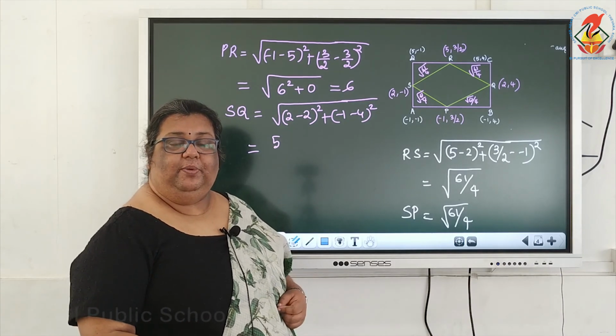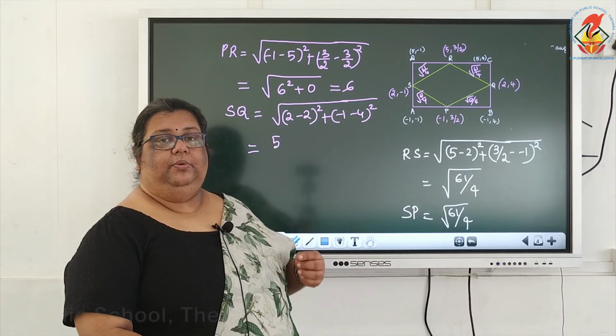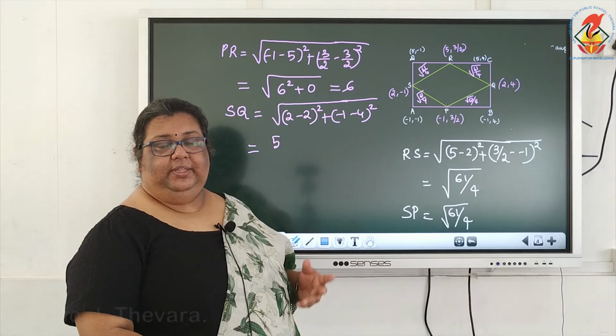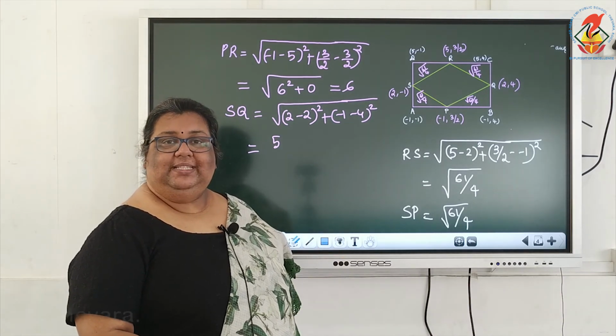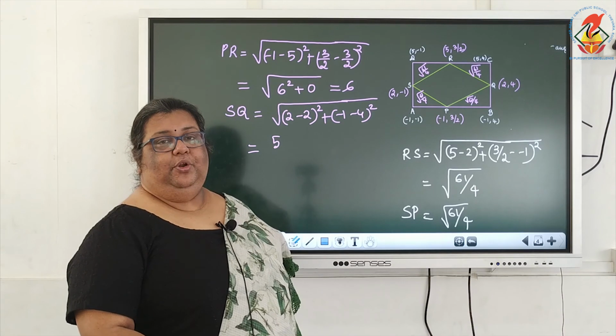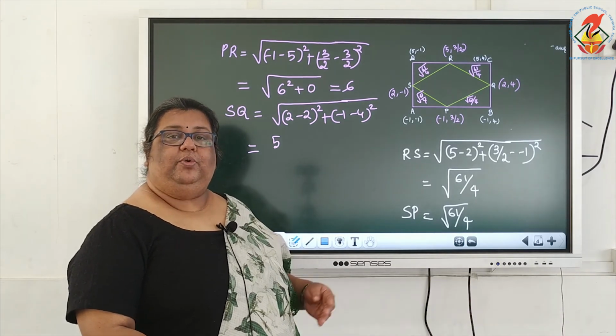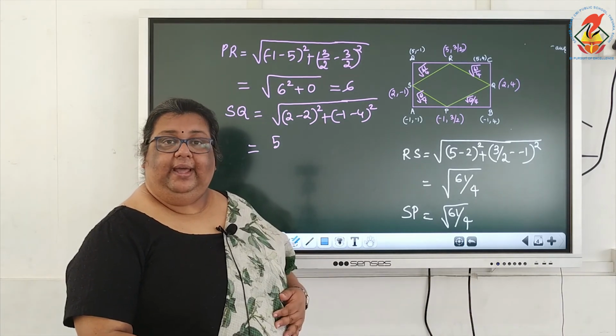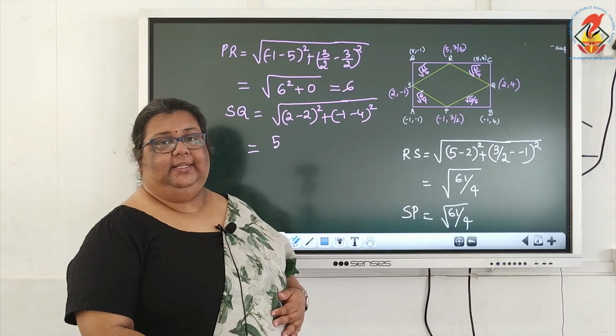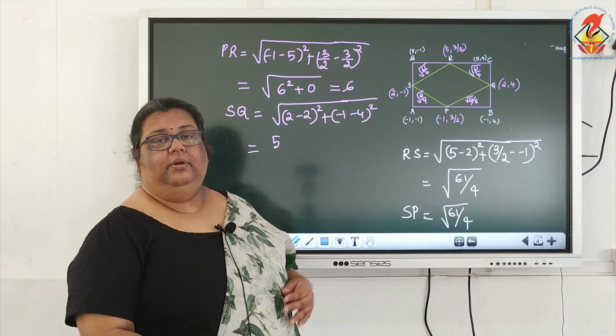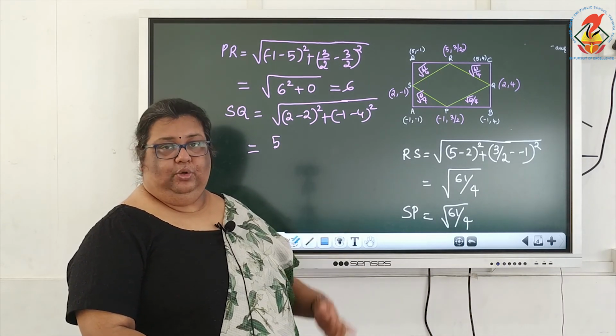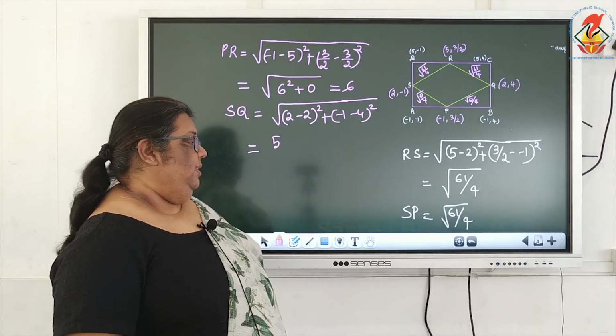Using the distance formula, we found PQ, QR, RS, everything has equal measurement, root 61 by 4. In order to find whether it is a square or a rhombus, we found the diagonal measurements. The diagonals are different. So, it is a rhombus. Hence the proof.